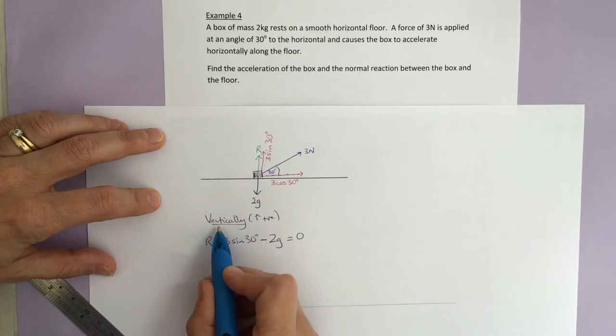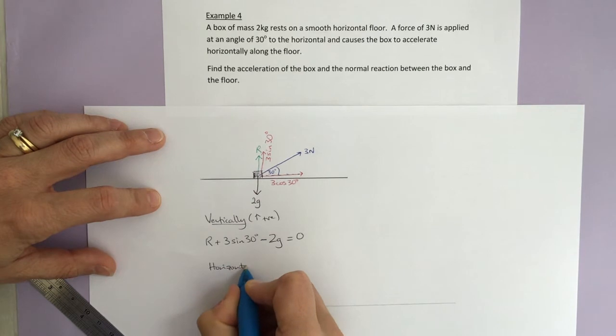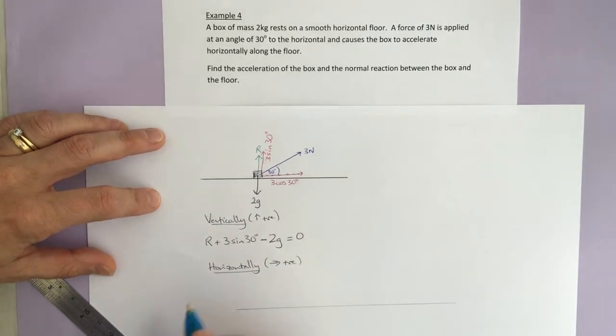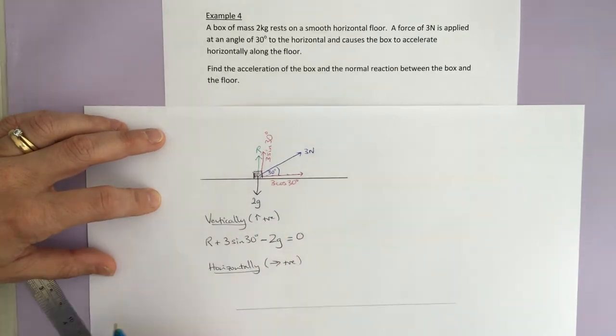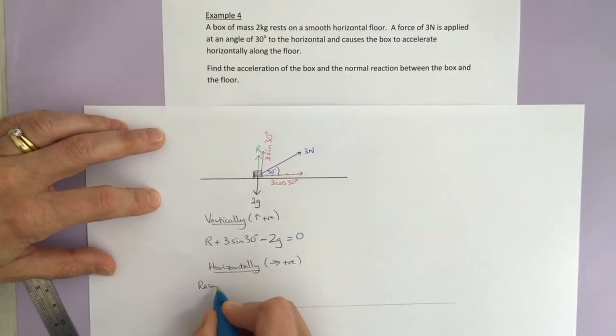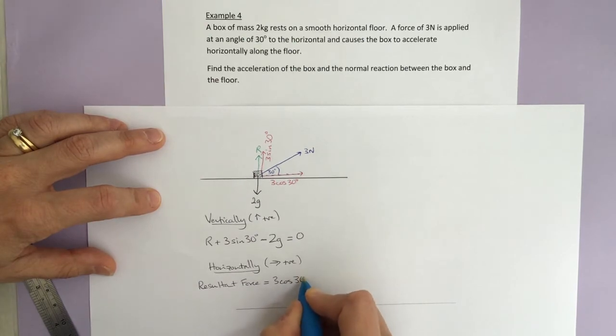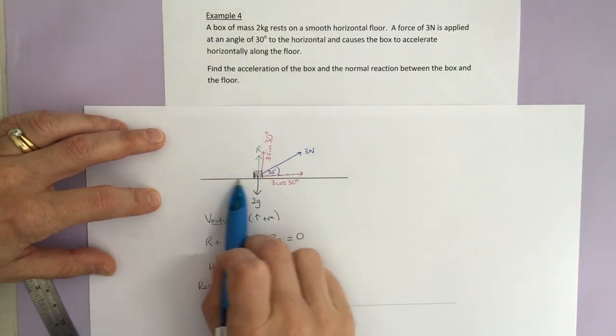Okay, so we'll leave that for a sec. Let's go back to horizontally. And again, tell the examiner I'm taking right as positive here. So here, my resultant force now is not going to be equal to 0. My resultant force is going to be 3 cos 30 degrees, and there's nothing else happening horizontally here.